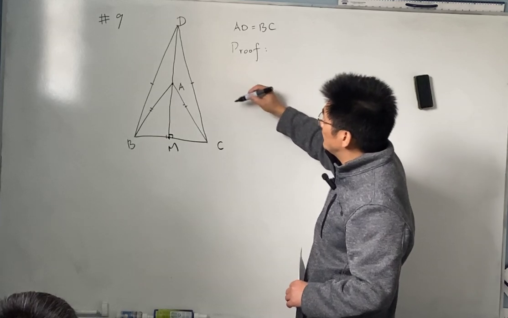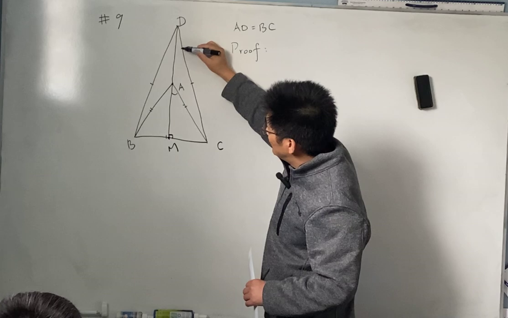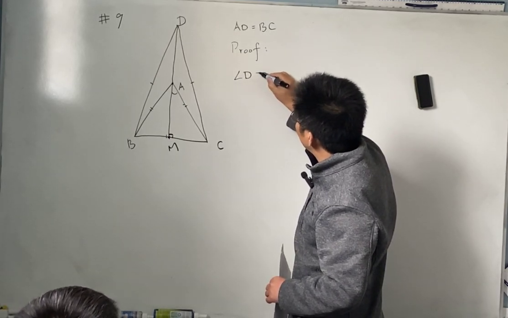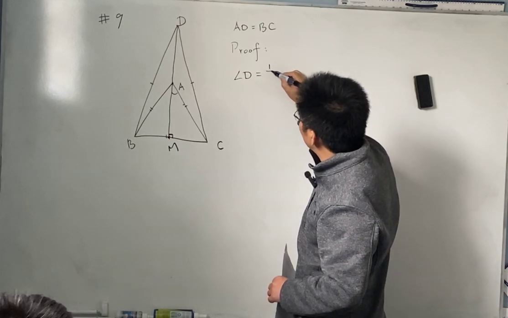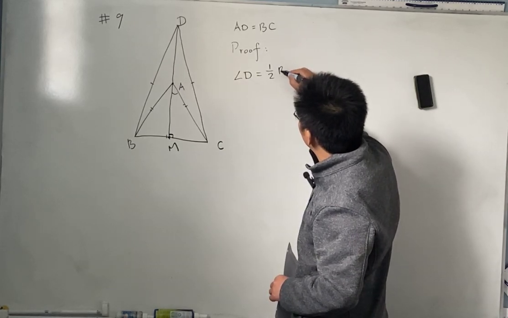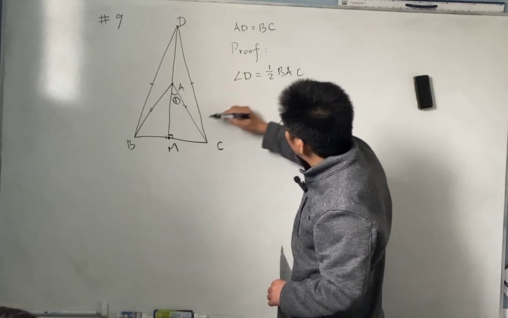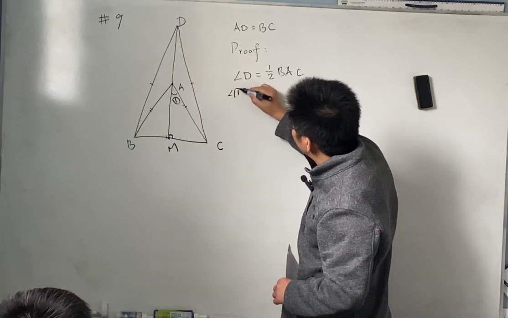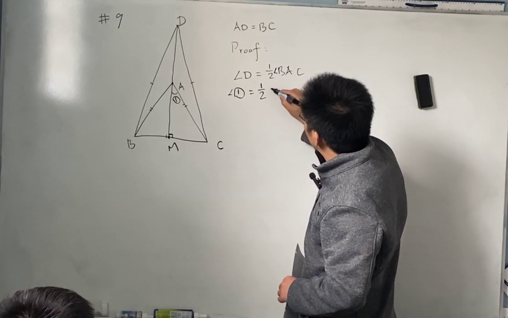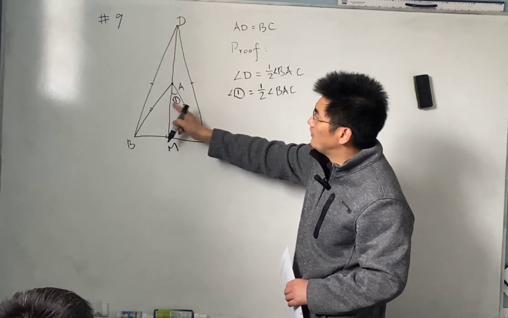So once that's proved, we can chase the angles, because angle D equals half of angle BAC. Let us make this angle 1. Because angle 1 is half of angle BAC, that we can prove, since that's half of it.